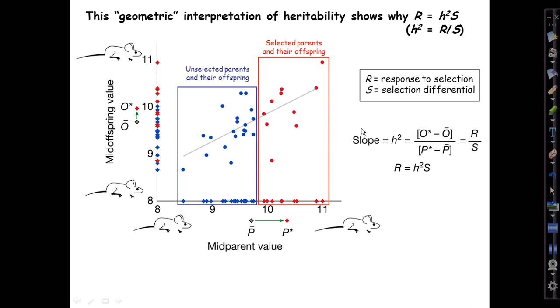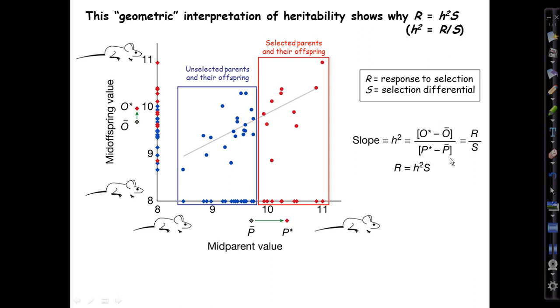The textbook then shows that idea in this way. O star minus O bar, that is the amount by which the offspring mean moves relative to the parents' mean, is the response to selection. That's what we mean by it in this Breeder's equation context.